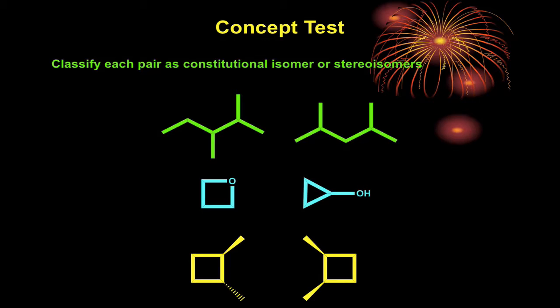Tell me, in these pairs, the green, the blue, and the yellow pair, are these constitutional isomers or stereoisomers? So what about the green? And how do I know that? They are connected differently. Will they have the same name? Name the one on the left for me, please.